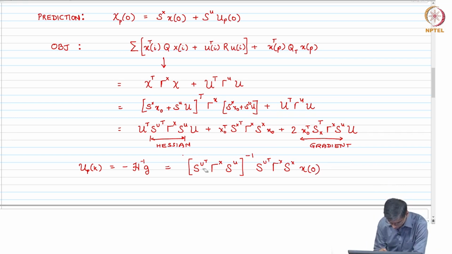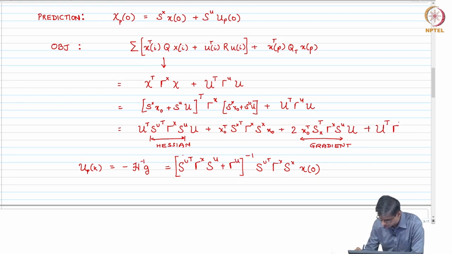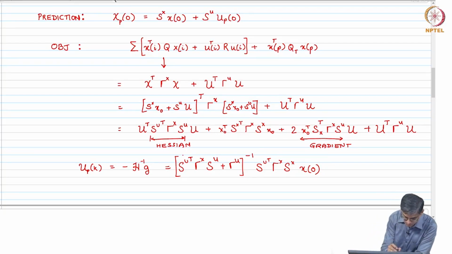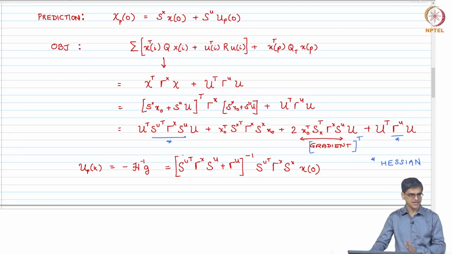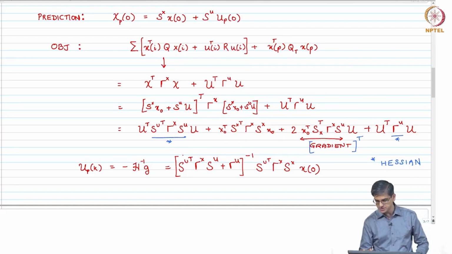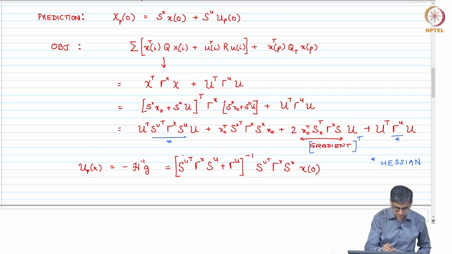Thank you. Right, it is U transpose H U plus 2 times G transpose U. So, G is Su transpose gamma x Sx x naught, and that is what I have written there.